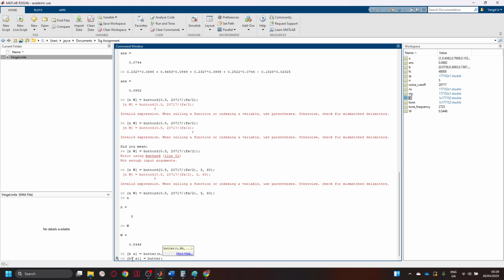We're not going to be using a high order filter because apparently that causes things to go jaggy. So we're going to stay at a lower order filter. So we're going to use a fourth order filter.